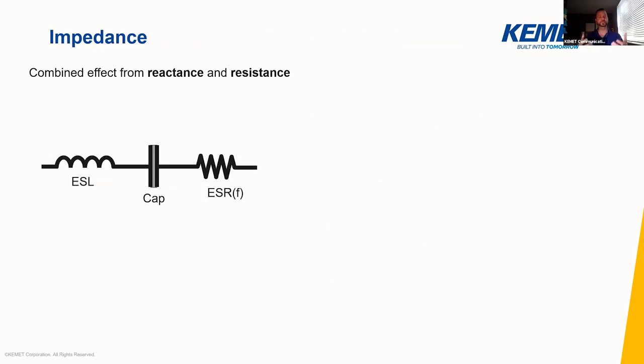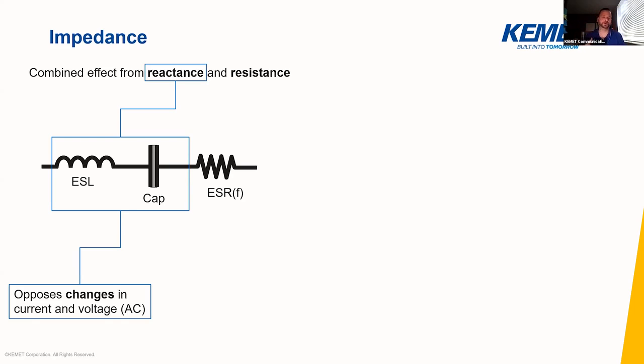Now, impedance is the opposition to electrical stimulus that comes from several components: the reactance of the inductive element and the capacitive element. You can think of those as affecting the AC portion of the signal. Those opposed changes, the capacitive reactance and the inductive reactance, come together to oppose changes in current and voltage.